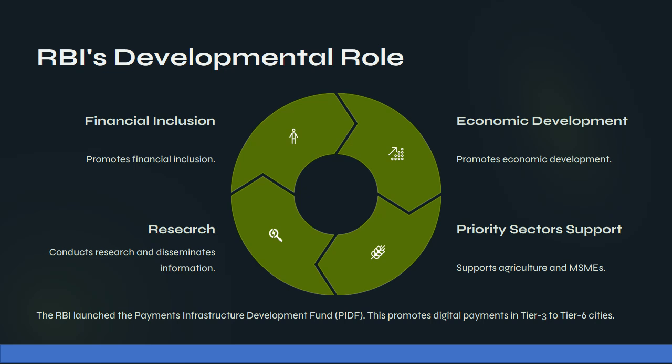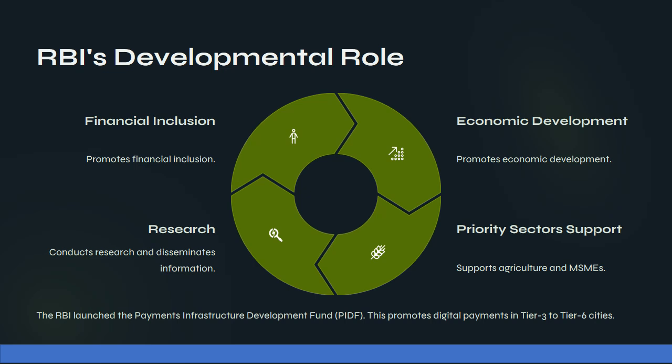The RBI is always looking at development as a whole. It includes financial inclusion, where it promotes and strengthens the financial stability of the economy. Then it also helps in economic development, where it promotes economic growth. Then priority is given to sectors, particularly agriculture and small scale industries.